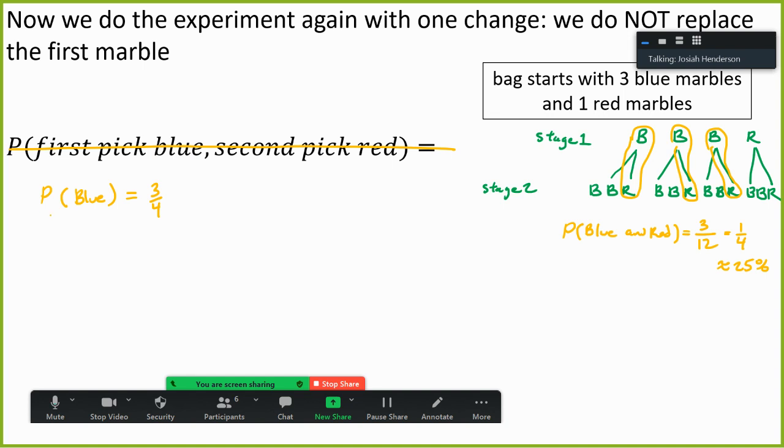How about getting a red after we kept the blue from the first pick? We did not replace it. Red, not replacing blue. Okay, so here's our second pick. Well, there's 1 red available and 2 blues available, right? So that's 1 out of 3.